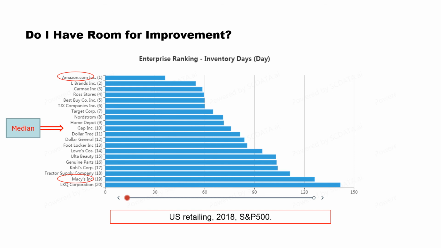The median inventory days is about 80 days. While Amazon has only about 40 days of inventory, Macy's has more than 120 days of inventory. Relatively speaking, Macy's clearly has much more room for improvement in inventory.